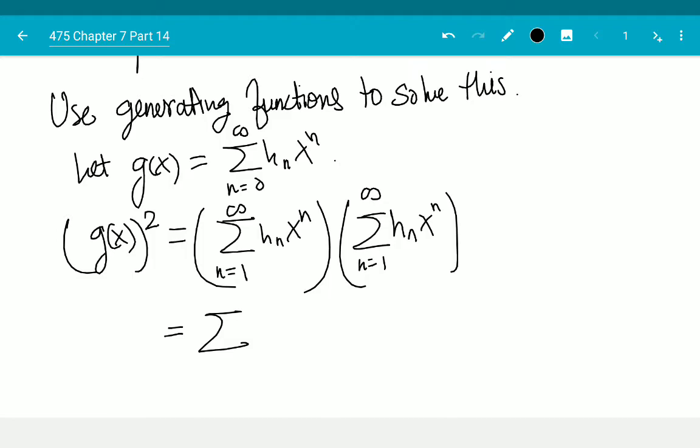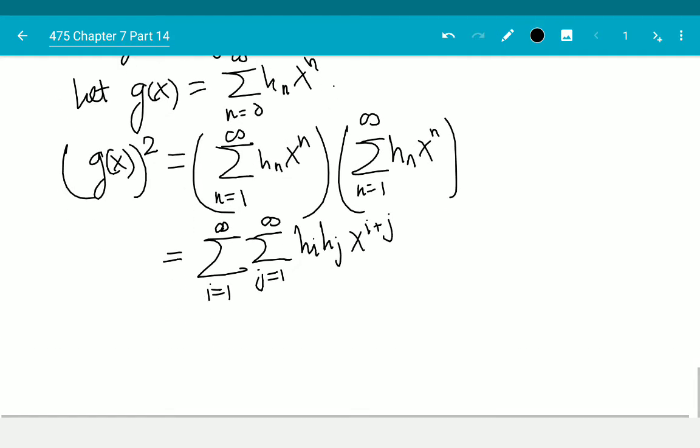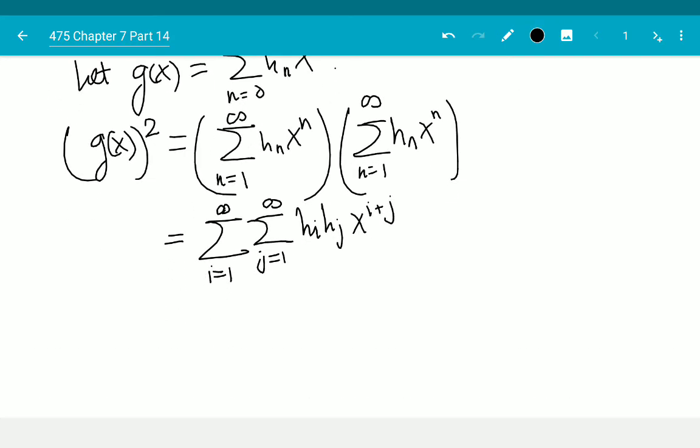summation i is equal to 1 to infinity, summation j is equal to 1 to infinity of h i h j x to the i plus j, which I can instead call x to the n, where n is equal to i plus j.